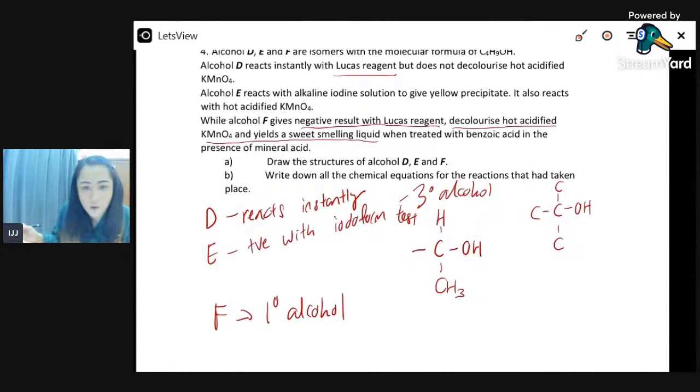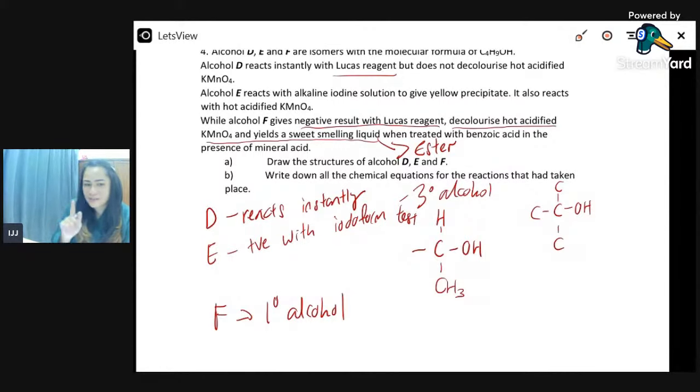So, it must have a primary alcohol structure. It is a primary alcohol and it decolorizes hot acidified KMnO4 and yields a sweet smelling liquid. So again, if it says sweet smelling liquid, that is definitely an ester.